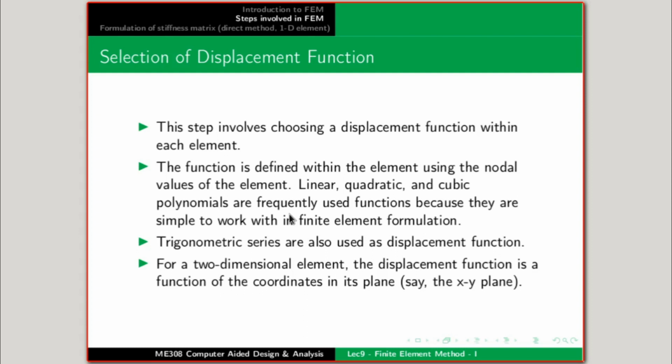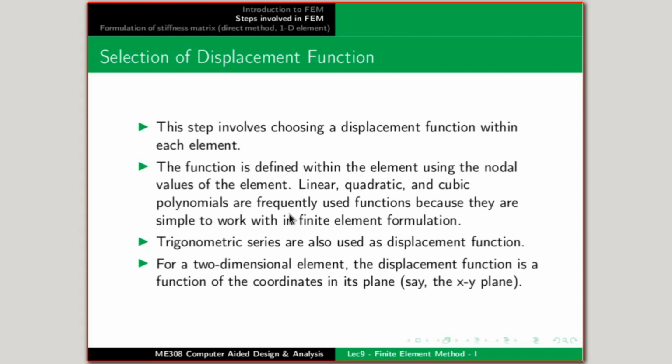The function is defined within the element using nodal values of the element. The same general displacement function can be used repeatedly for each element. Linear, quadratic and cubic polynomials are frequently used as functions. For a two-dimensional element, the displacement function is a function of coordinates in its plane. So it will be a function of x and y coordinate directions.